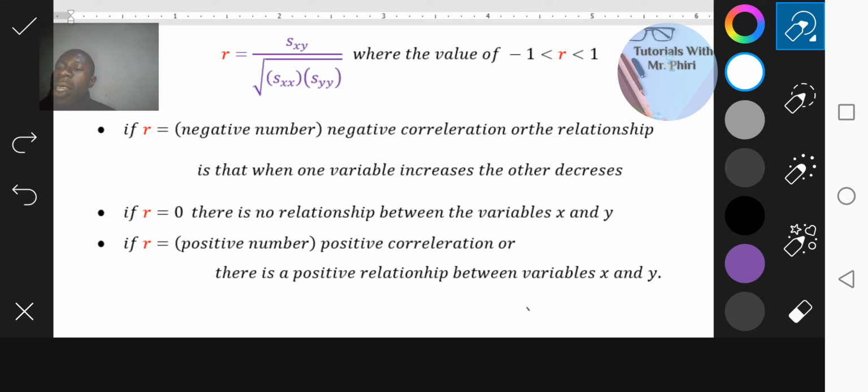Then if r is positive, it means that there is a positive correlation, or the relationship between x and y is very positive. Concluding the examples that we gave, if it's eating meat and gaining weight, we would say the more you eat meat, the more you are going to gain. The less you eat meat, the less you are going to gain.